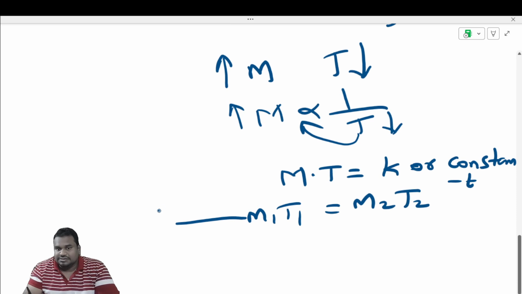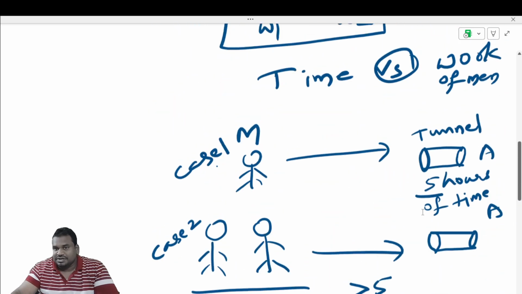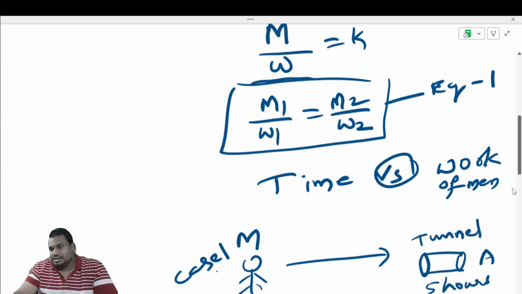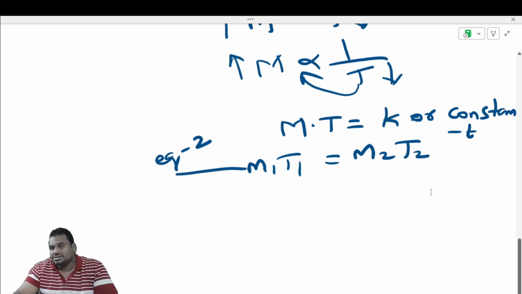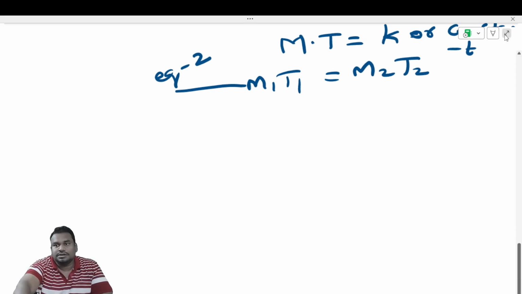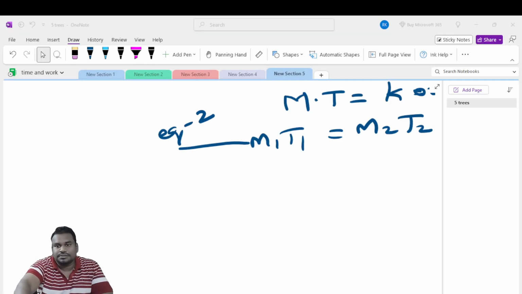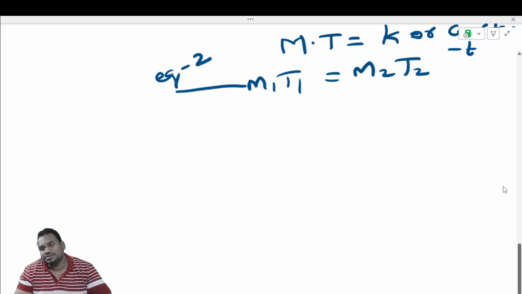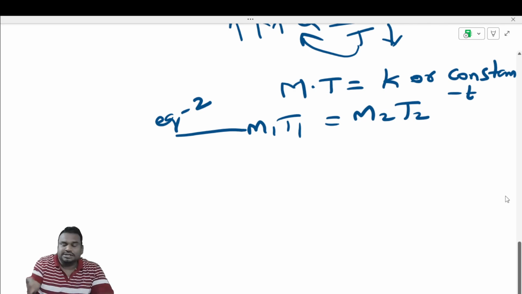I'll take it as equation 2. And what is the equation 1 we got? This is equation 1. So you can integrate equation 1 with equation 2 and form another equation. How can we integrate?